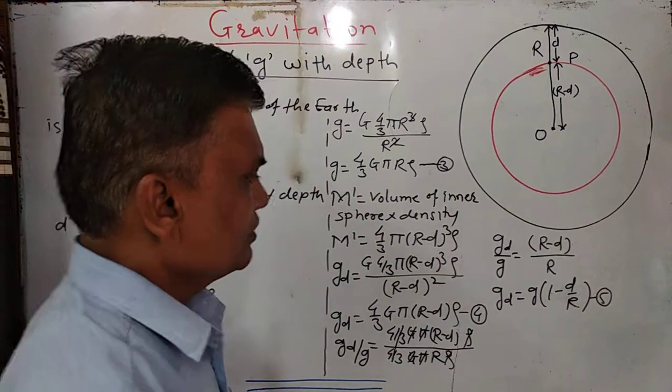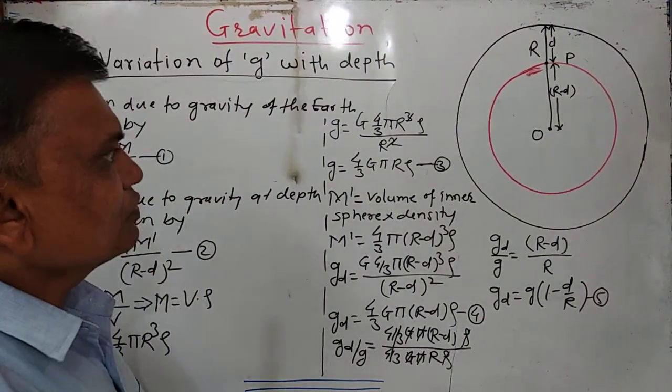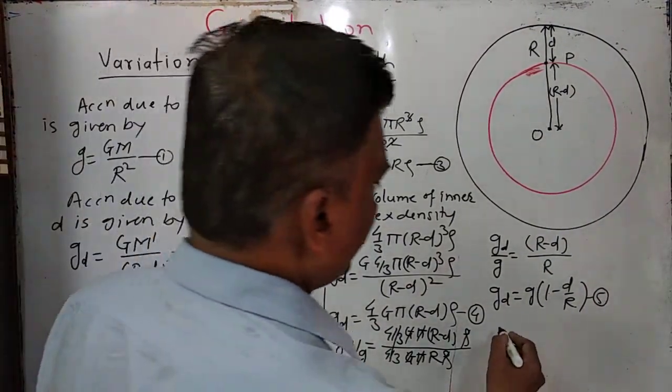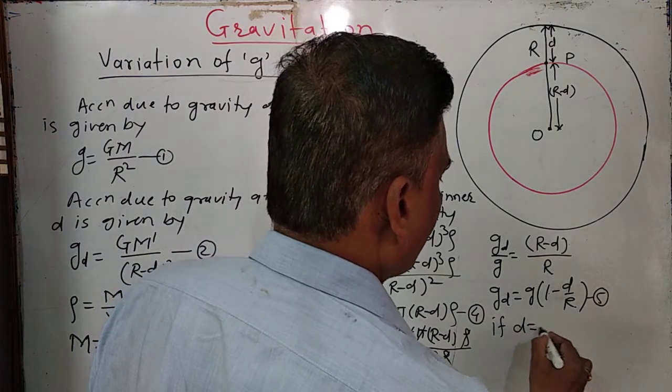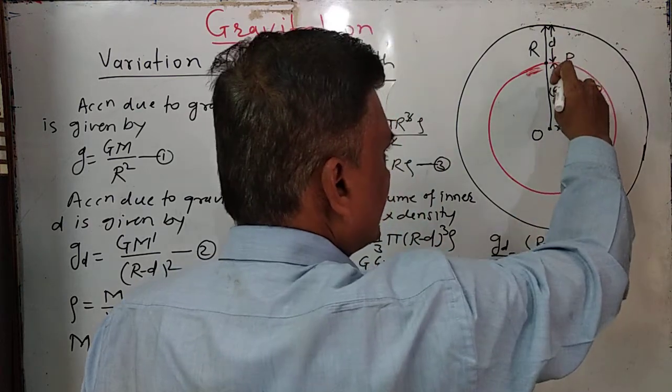Suppose d equals R, which means we are going towards the center.